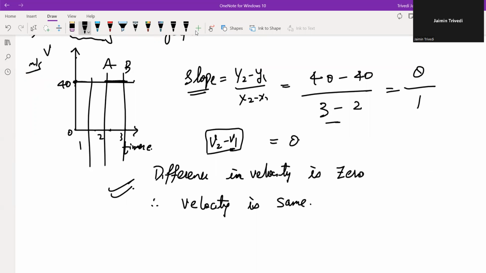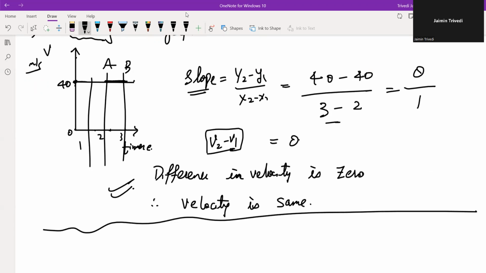Now the next thing, has everyone understood this graph? Manogna, you were having a doubt in this one? Sir, so the velocity time graph shows acceleration and displacement. In this case the acceleration is zero, right? Yes.